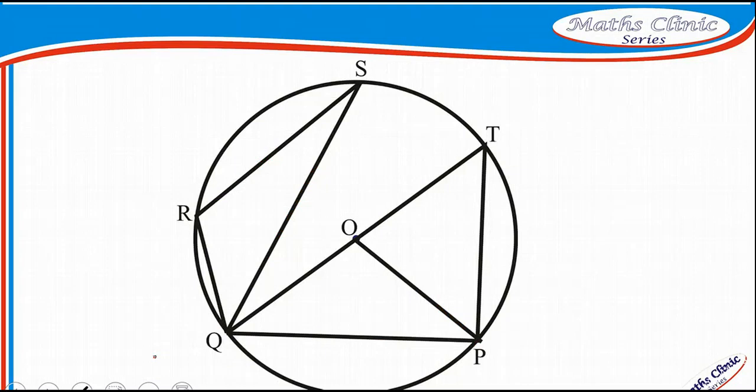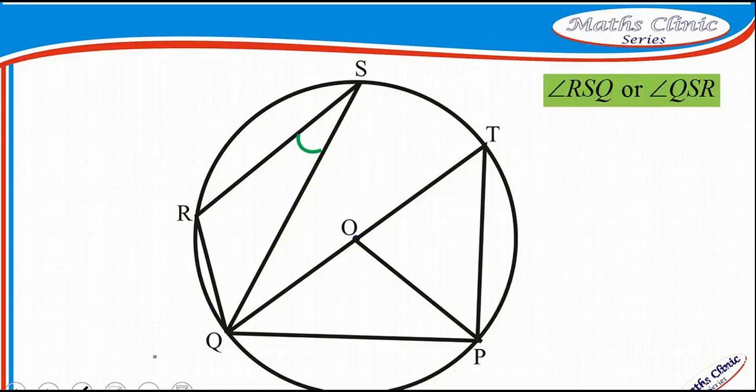Now I'm going to give you a series of angles to name here, right? Each of them I'll give you the answer afterwards. So when I pop one, you pause the video, you say the answer, then you continue. I believe you had RSQ or QSR.